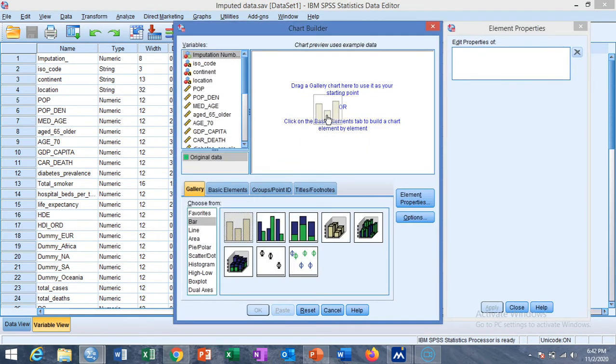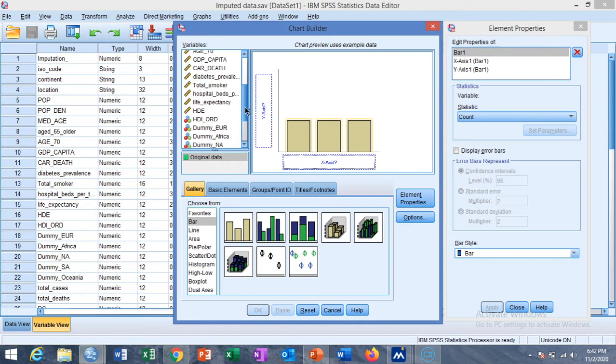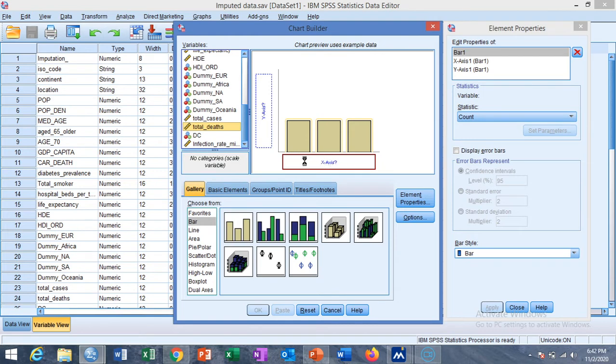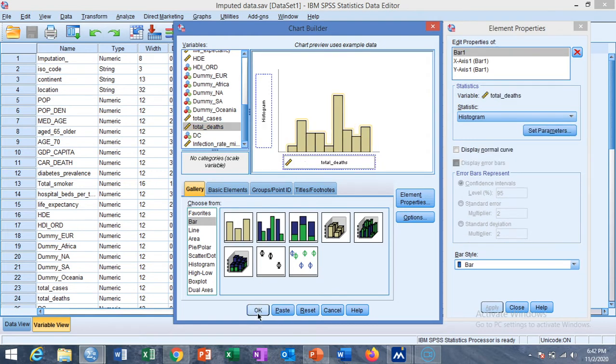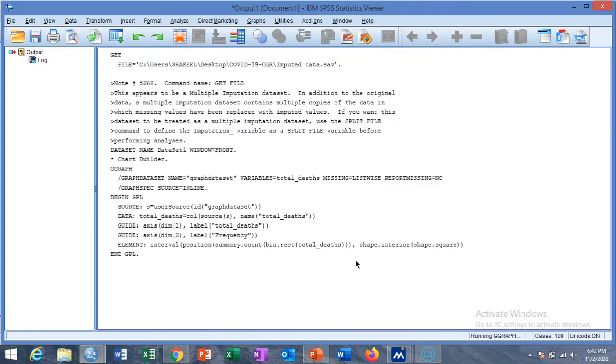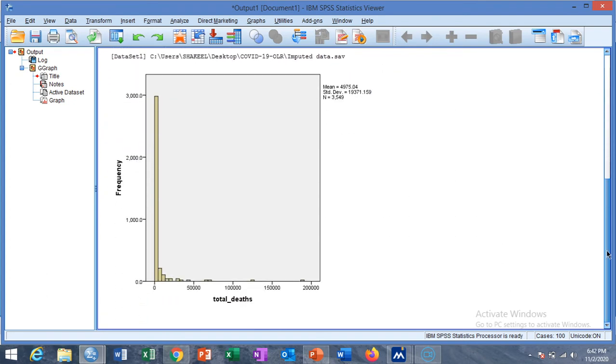So we make a histogram to see the shape of distribution of the total death, and you can also check for normal curve to see the behavior, and then OK, you will see the plot of your data.